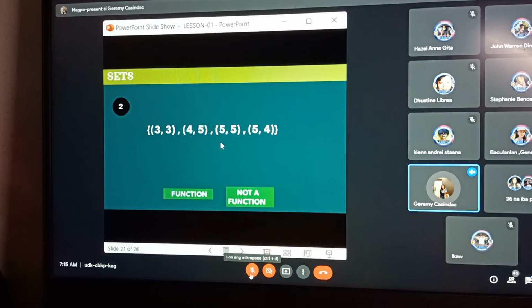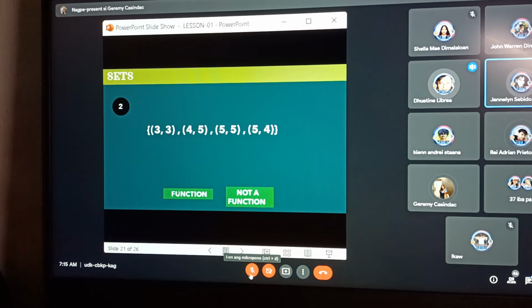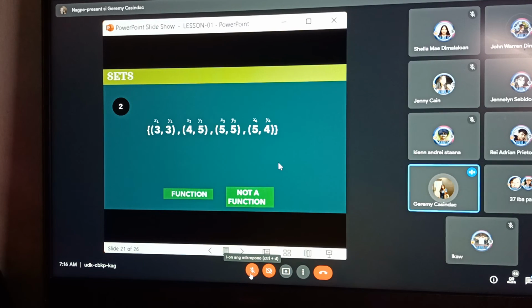First, you are going to identify our x values. So, what are those? Permission to speak. Okay, January. The x values po are 3, 4, 5, and 5 po. Okay, that's correct.